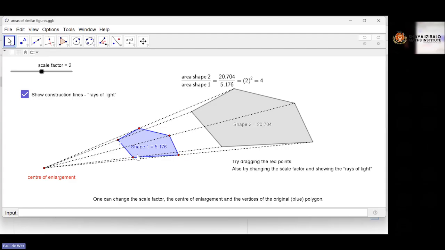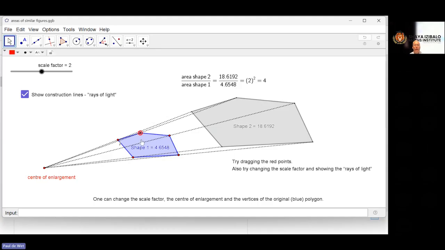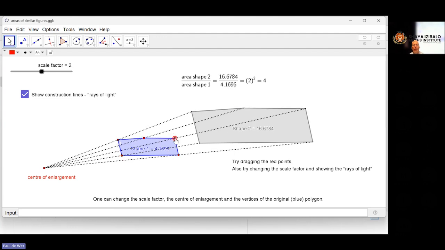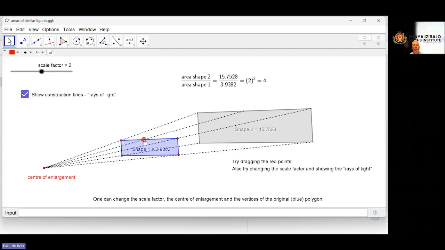Now what happens is that if the sides are 2 times bigger, the area actually goes to 4 times bigger. So it squares up, and it doesn't matter what shape it is. As I said when I started, if I make this thing look like a rectangle, then it's quite easy to see why it's 4 times bigger.